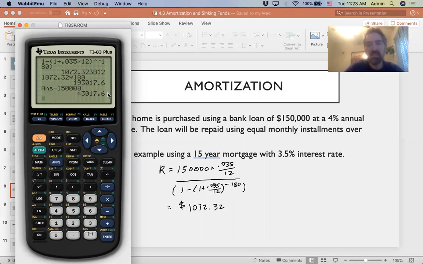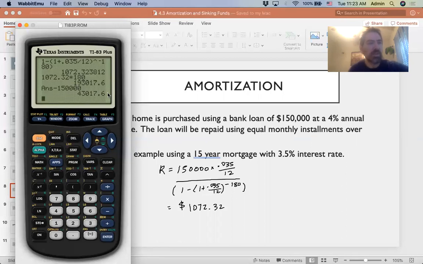So there are many advantages with this 15-year mortgage. You want to make the time you have on your loan as short as possible, because that minimizes the amount of interest that you pay, and you have a lower interest rate also. So lots of advantages there.